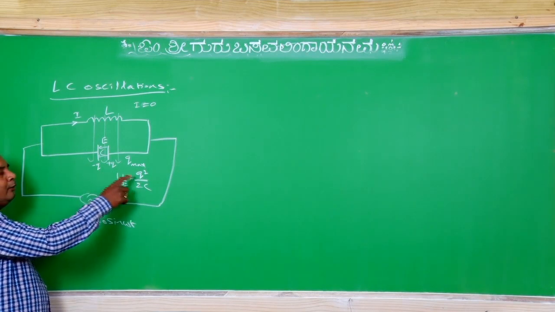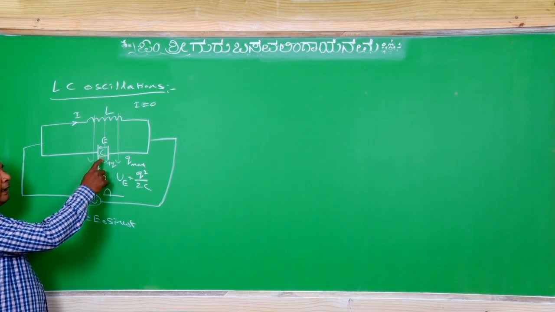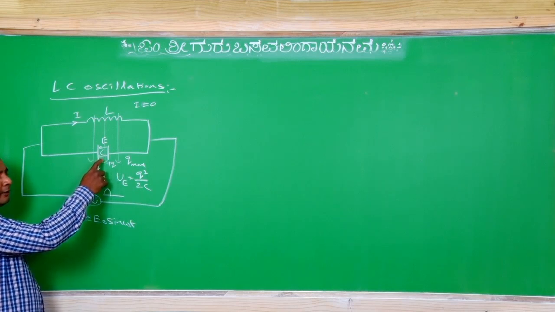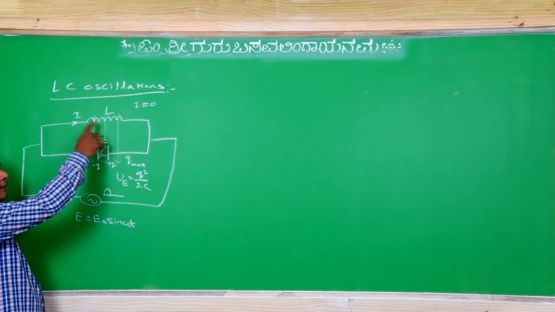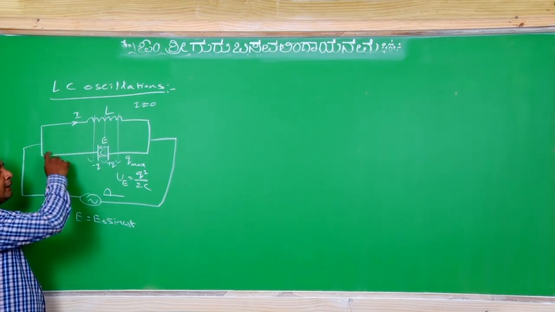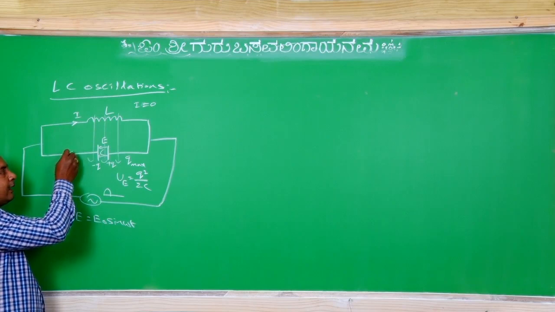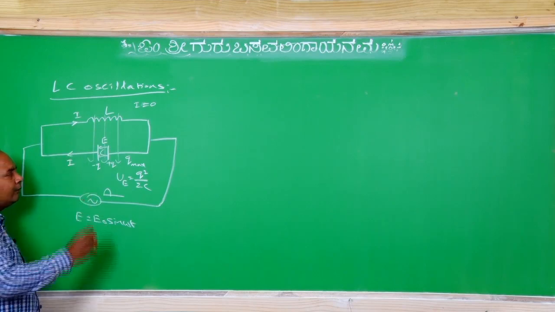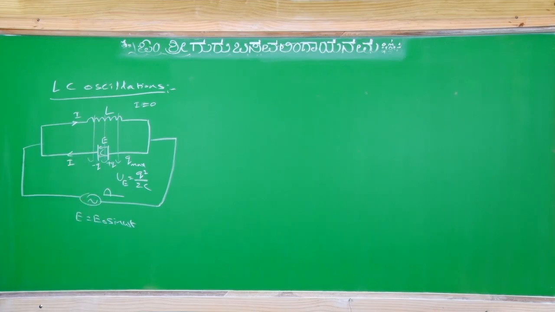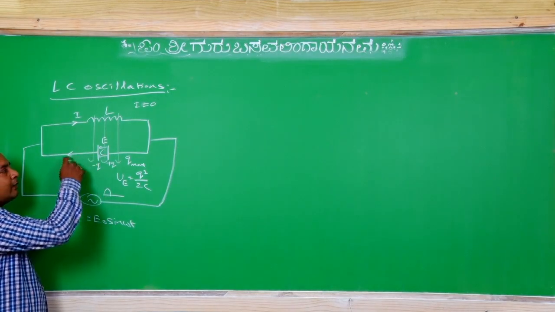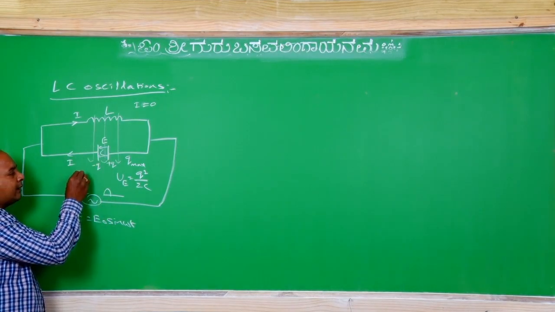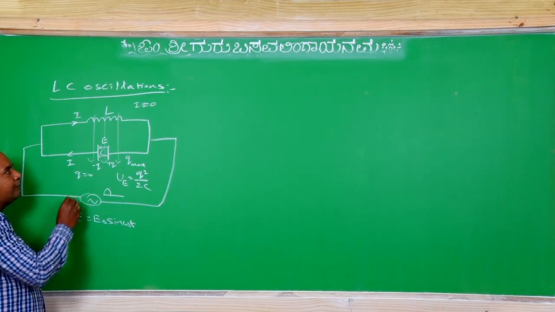After reaching Q maximum, the capacitor starts to discharge. That means it loses the charge to the inductor. When the charge is passing through the inductor, current flows from the capacitor to the inductor. If the total charge is lost by the capacitor, its charge will become 0.